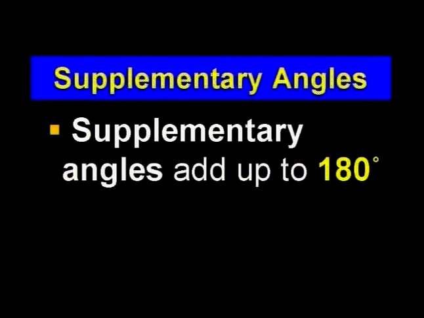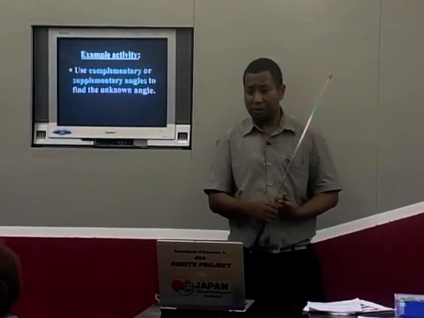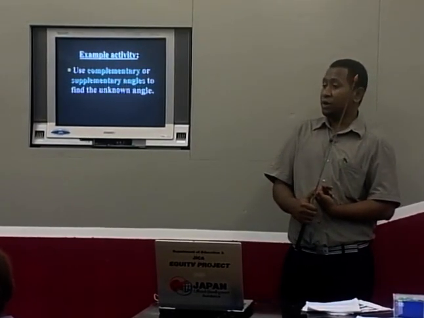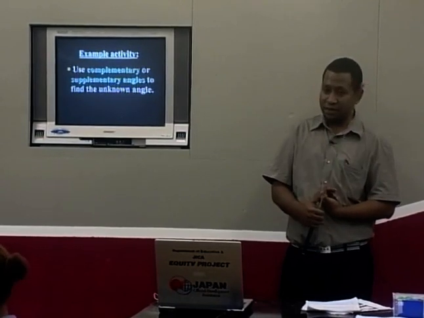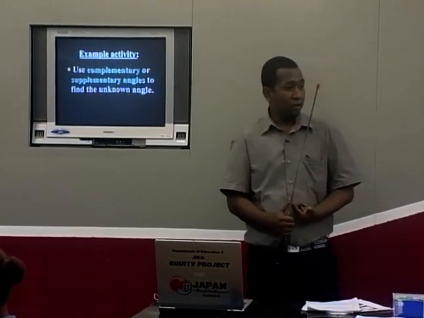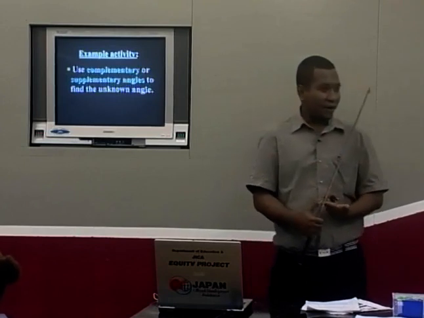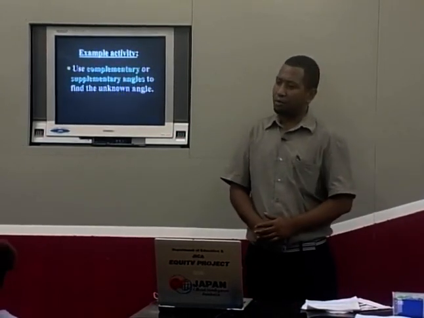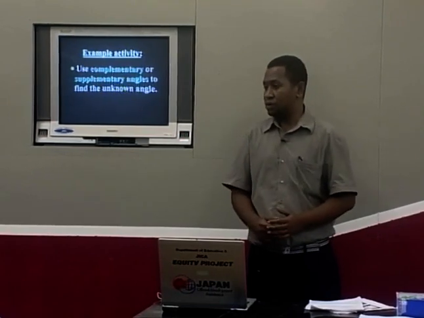We have seen the two types of angles, complementary angles and supplementary angles. Class, complementary angles add up to how many degrees? 90 degrees. And supplementary angles add up to how many degrees? 180 degrees. In some cases, you will have more than two angles.